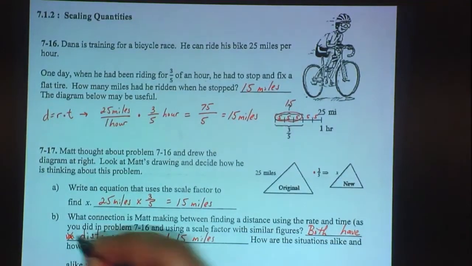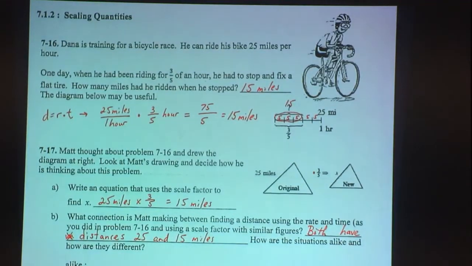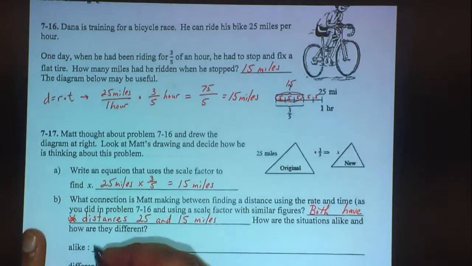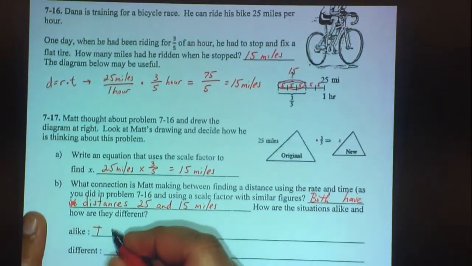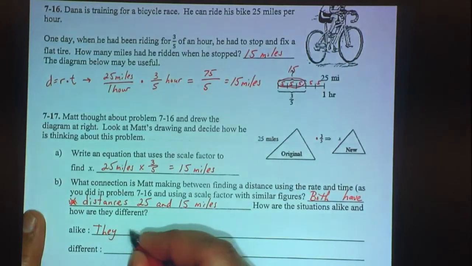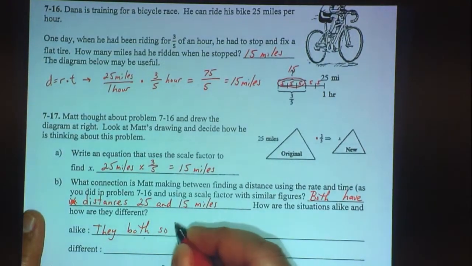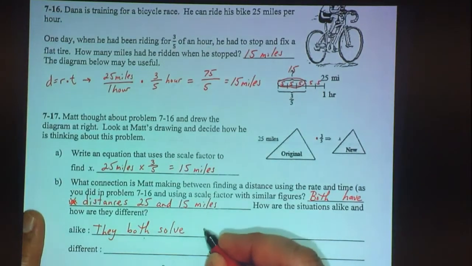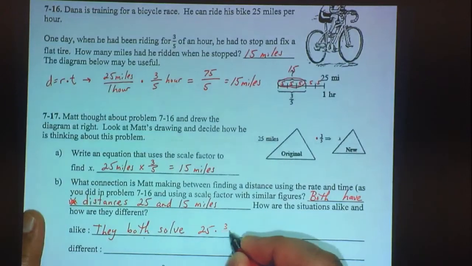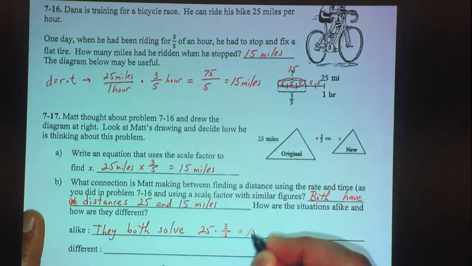I crossed that out. Sorry, guys. How are the situations alike and how are they different? Well, they're alike because they both solve 25 times 3/5, which was 15.